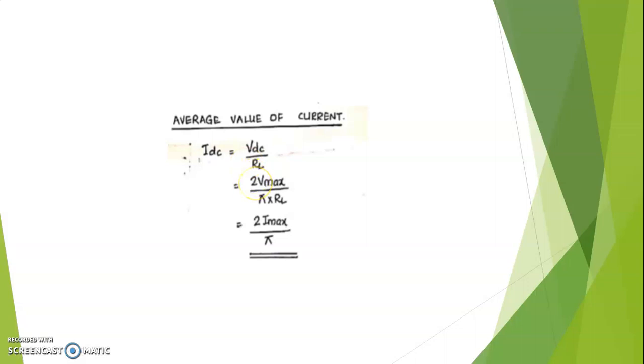We already found the value of VDC, which is 2 Vmax by pi, and if we divide Vmax by RL, we get Imax. So, instead of Vmax by RL, we replace it by Imax. So, we get the average value of current as 2 Imax by pi. Why this is represented by DC is because the average value also gives us the amount of DC content in that waveform.